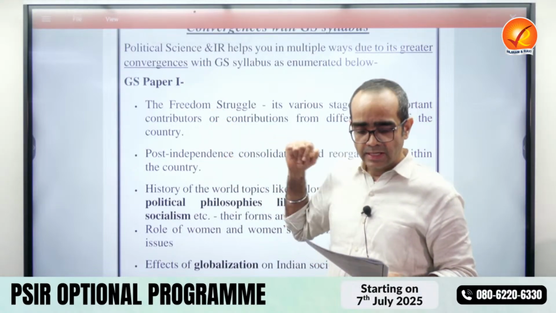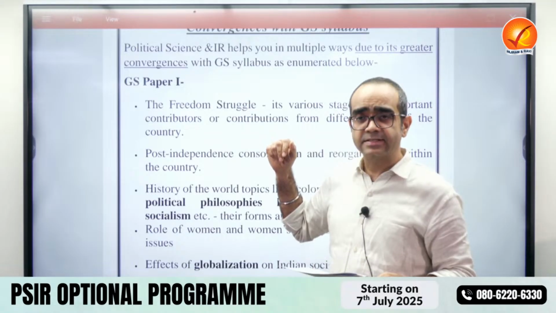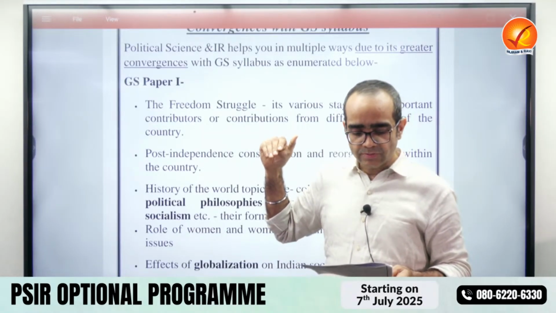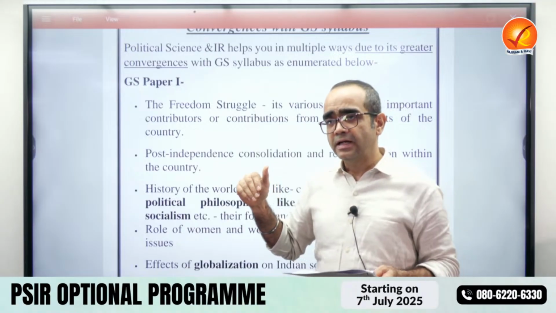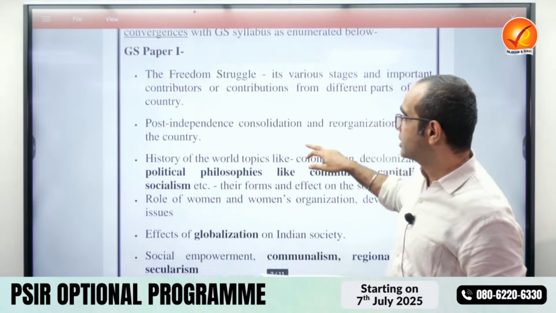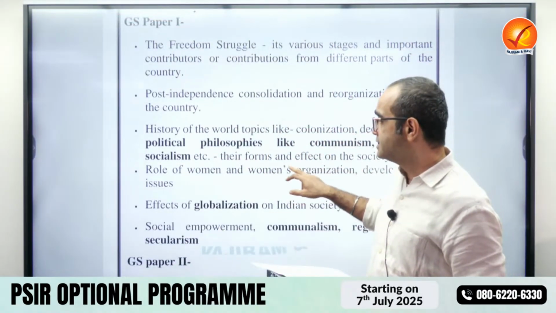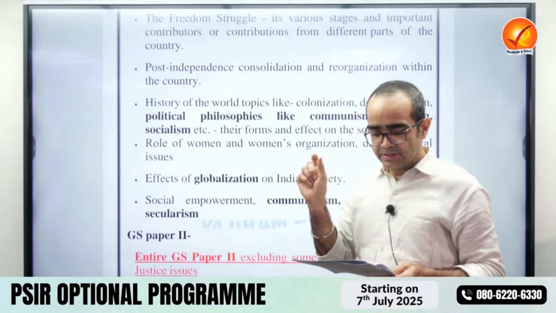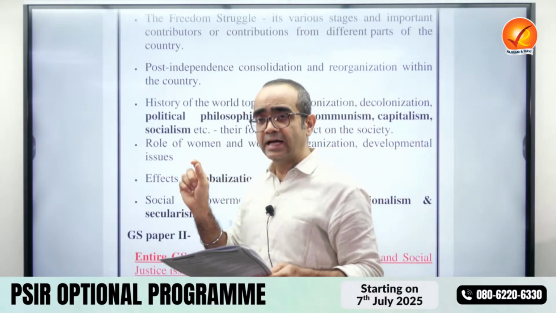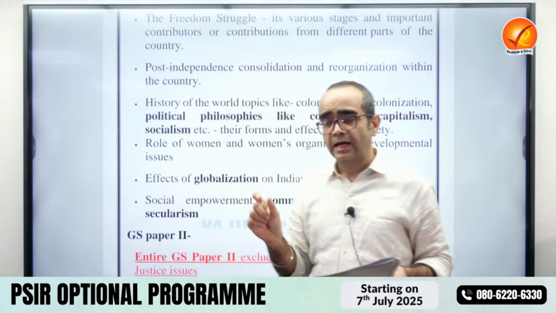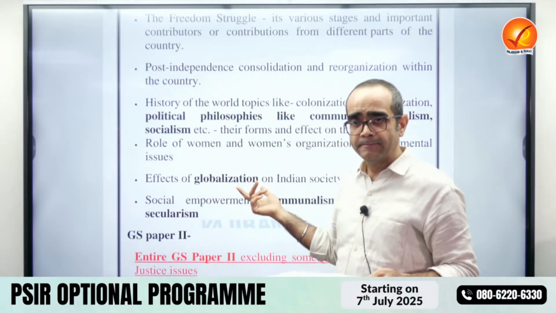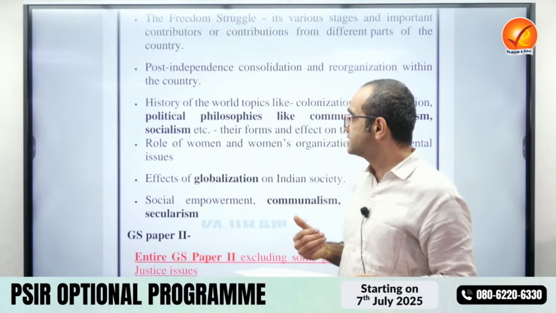Can you see topic number 8 on page number 7? It talks about planning and economic development. Can you see the last topic mentioned in topic number 8? It talks about liberalization and economic reforms. And this is what we discuss, the effects of globalization on Indian society. So a part of it will be discussed there.